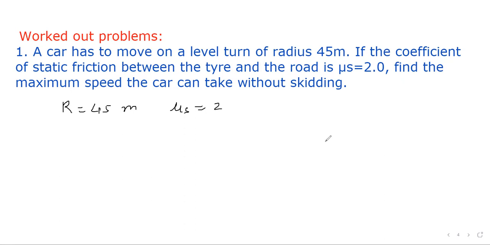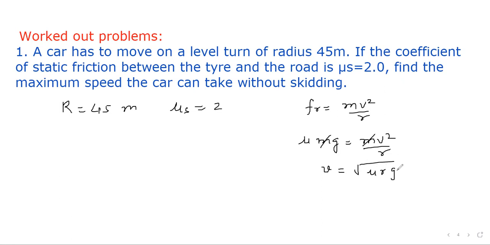The condition is friction must be equal to centripetal force. F_r must be equal to m v square upon r, or mu m g is equal to m v square upon r. m will cancel out. Our concern is to find v equal to root of mu r g.